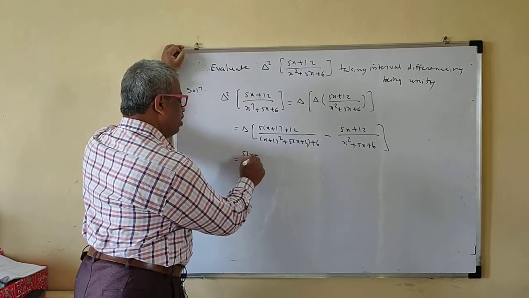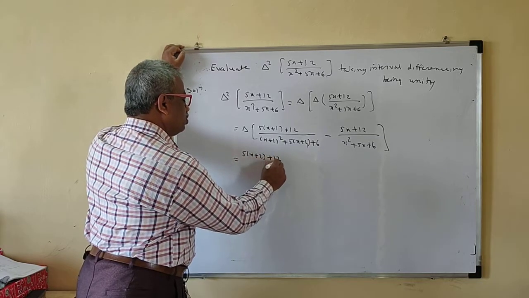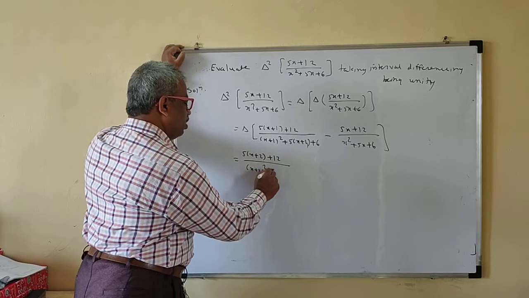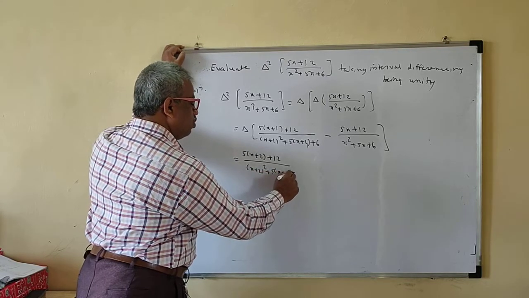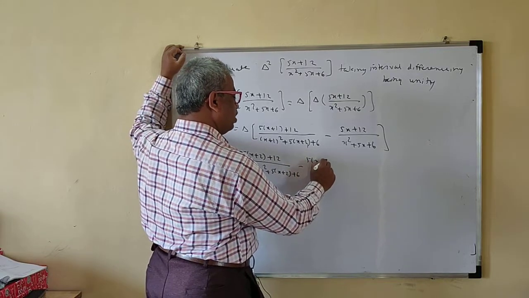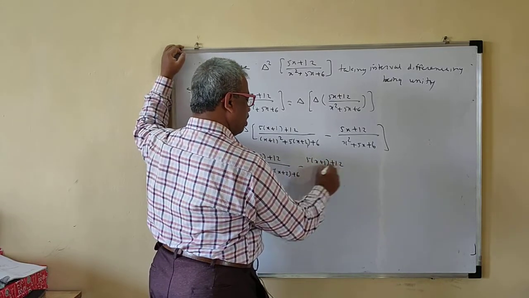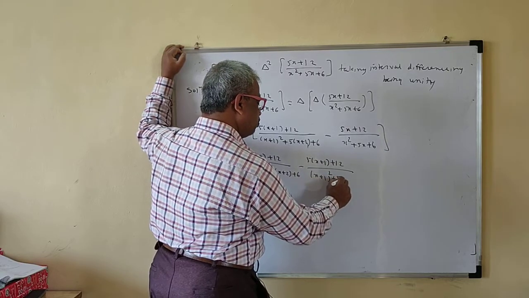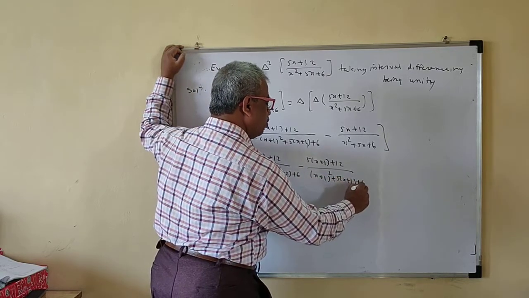This is 5 of (x plus 2) plus 12 upon (x plus 2) square plus 5 of (x plus 2) plus 6, minus (5x plus 1 plus 12 upon x plus 1 square plus 5x plus 1 plus 6).